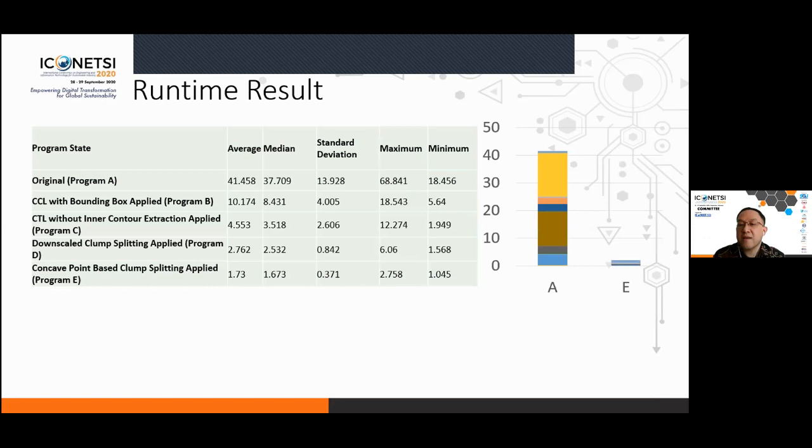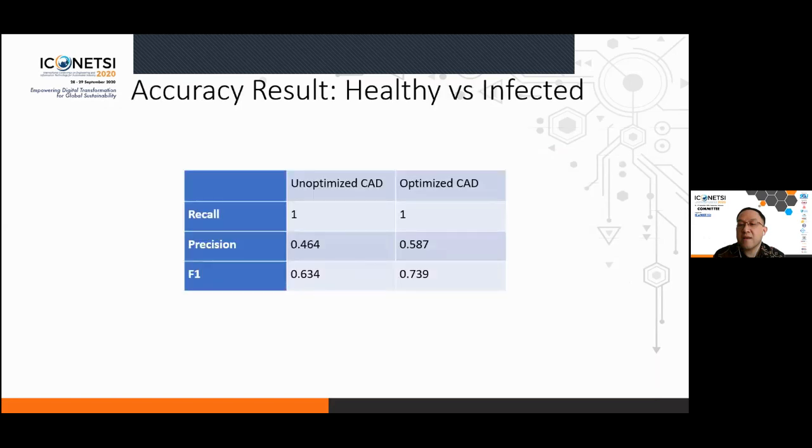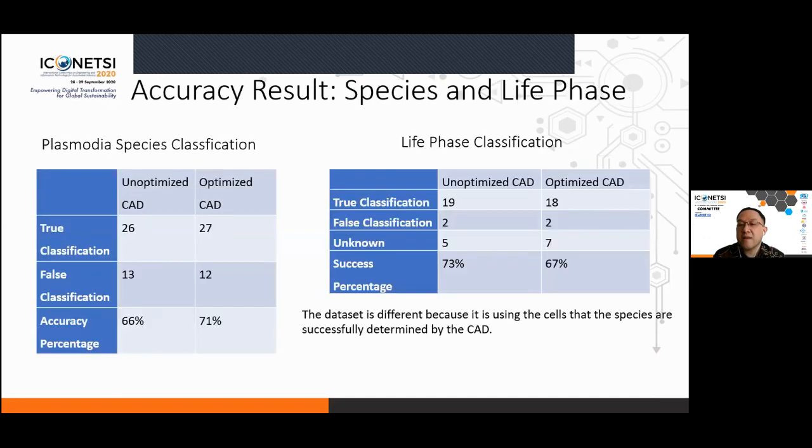For the accuracy result of the healthy versus infected classifier, we can see an improvement in the accuracy, because the program stability is also increased. We can see that the precision value is raised and the F1 value is raised on the optimized CAD. And then for the species and life phase classification, we can see that the accuracy for the Plasmodia species classification is increased on the optimized computer-aided diagnostic.